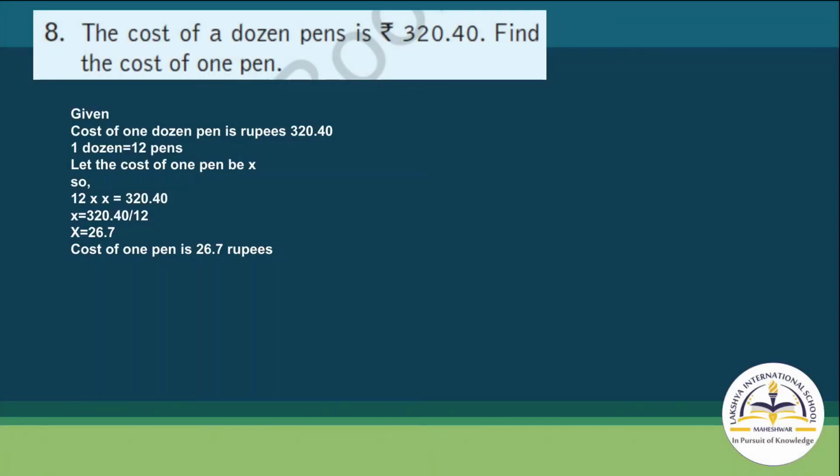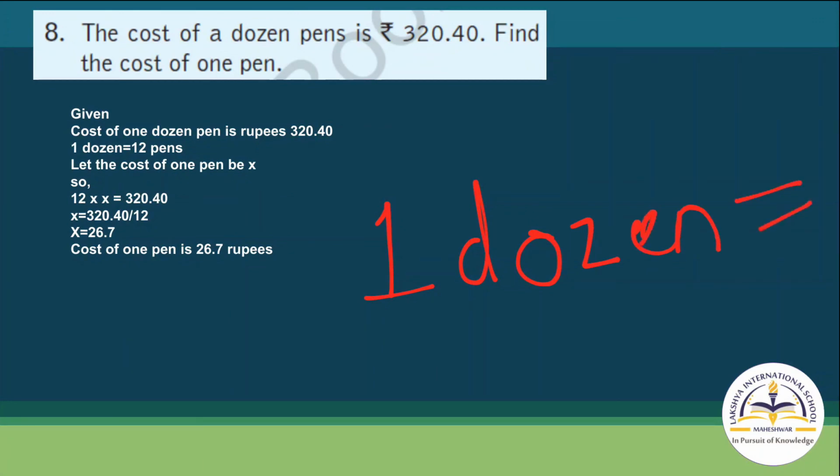Now question number 8, the cost of a dozen pens is rupees 320.40. Find the cost of one pen. The cost of one dozen pens is rupees 320.40. So we know 1 dozen equals how many pieces?